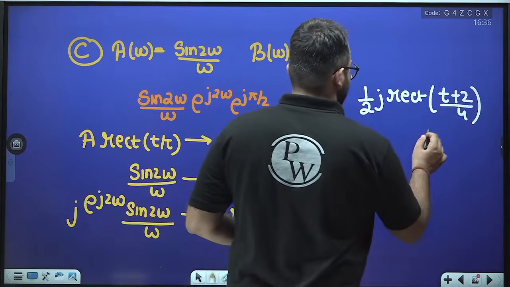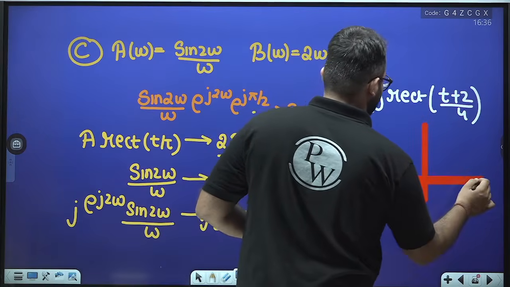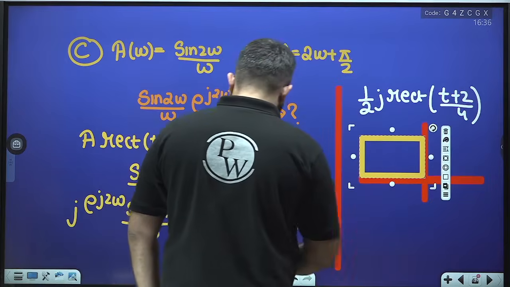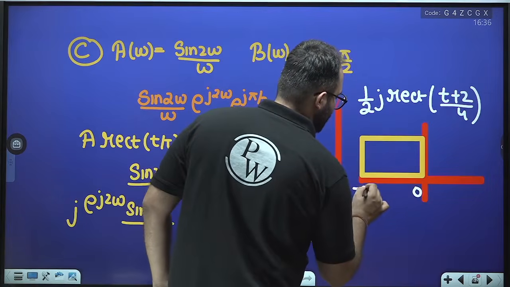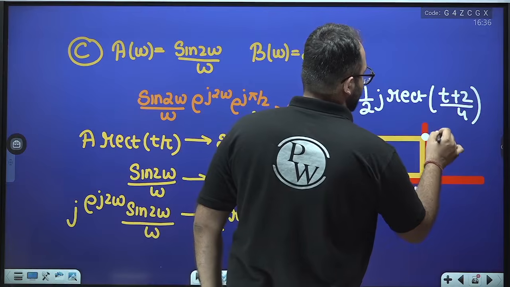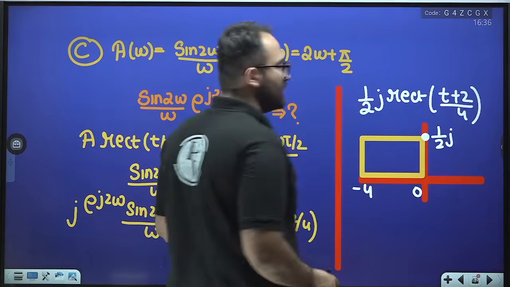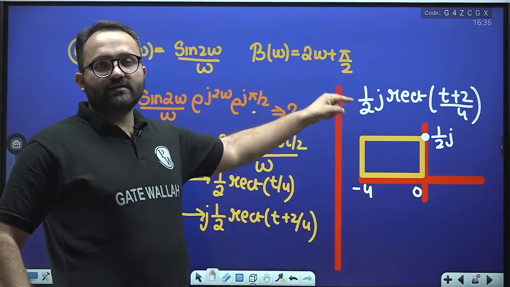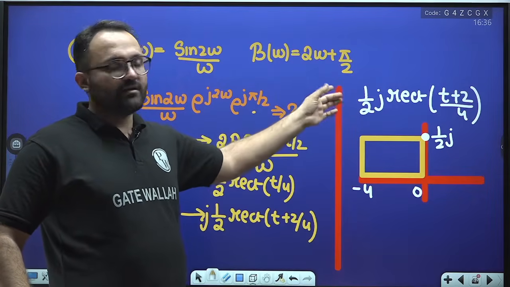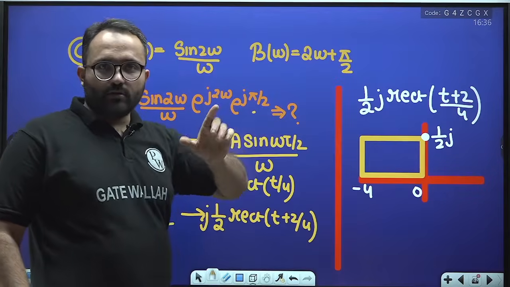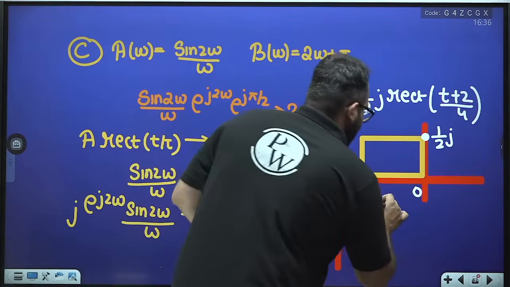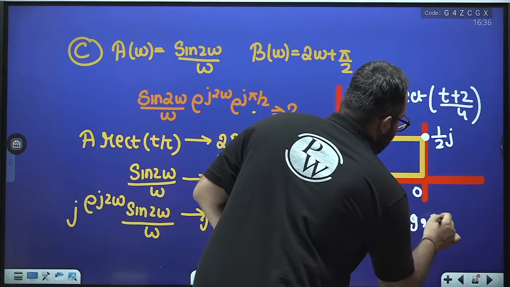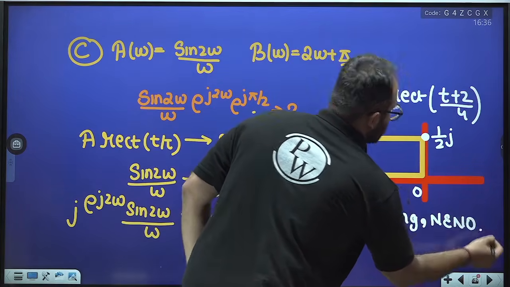This will be the time domain signal which will be only from, just recall the properties of the rectangular signal, this will be from 0 to minus 4, and height will be 1 upon 2j. So we can say that this signal is completely imaginary. And it is neither even nor odd.